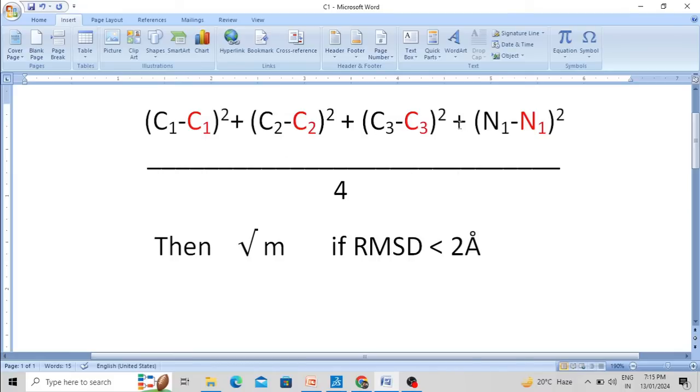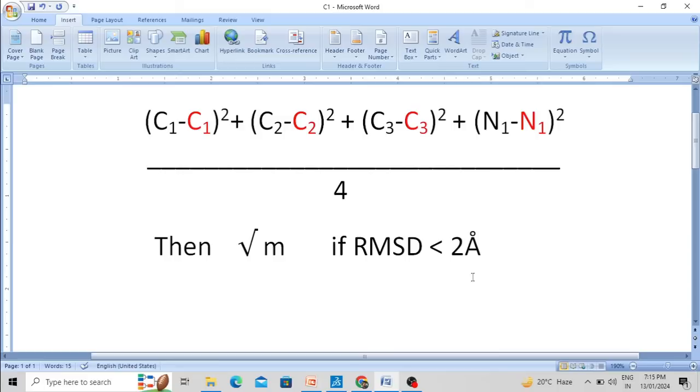Similarly, for the rest of the atoms, the deviation is squared and these are added, and then it is divided by the total number of atoms. That means a mean value or average value is first calculated. Then the root of that mean value is calculated. That is RMSD, root mean square deviation.